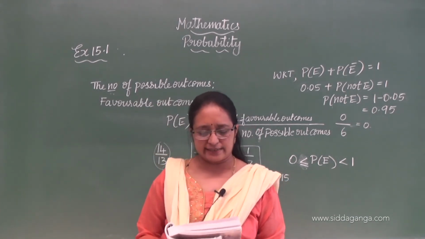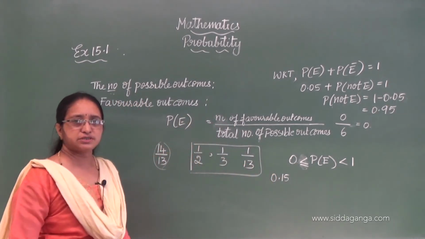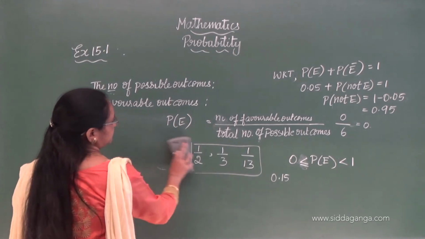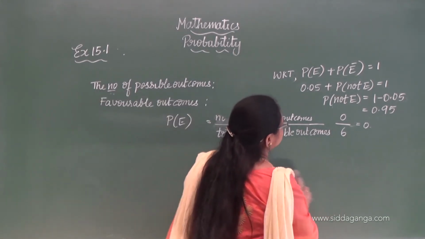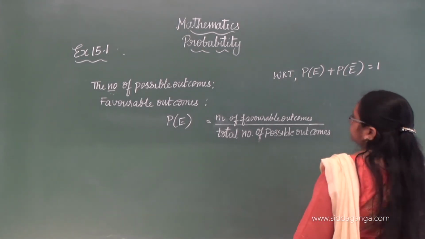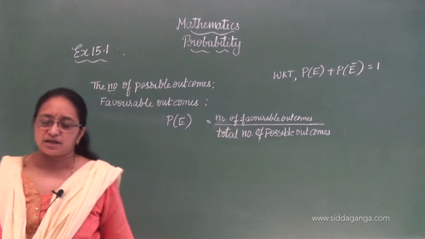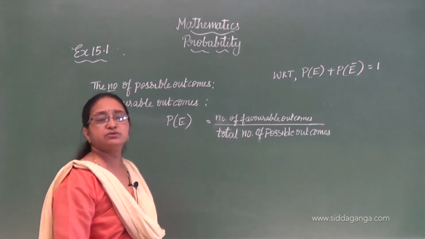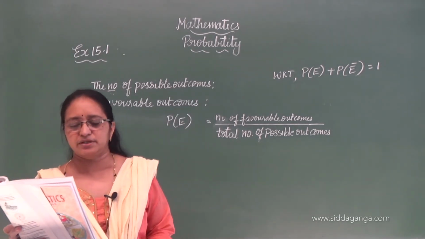Next, the sixth one. Now I hope you understood all this. So the actual problems start from here. Based on the examples given and the explanation, I think you can work out these problems, so let us start working here.